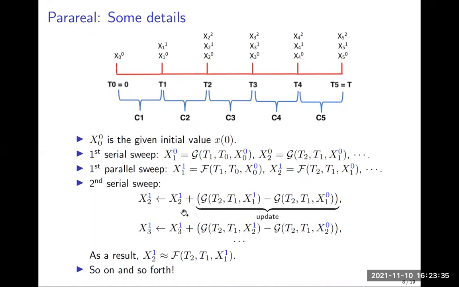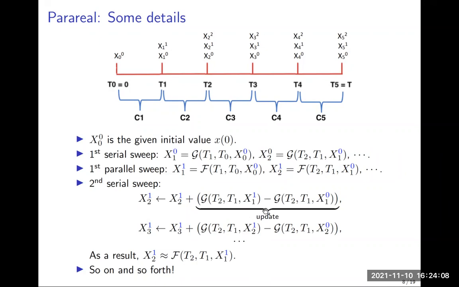All right, so remember this x21 from the parallel sweep, it's using the older initial guess. So by adding the update to it, I'm essentially getting this quantity here, which is the fine solve from T1 to T2, but using a better initial guess. All right, so the update here accounts for the improvements introduced by using a better initial guess.